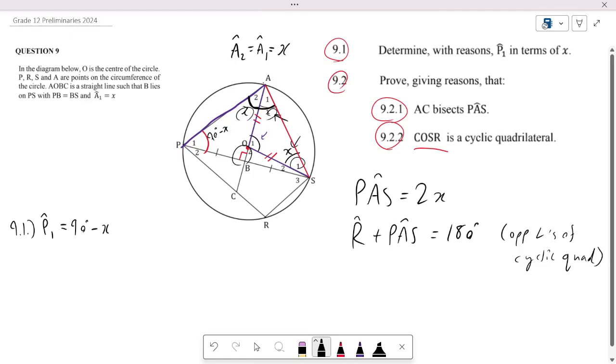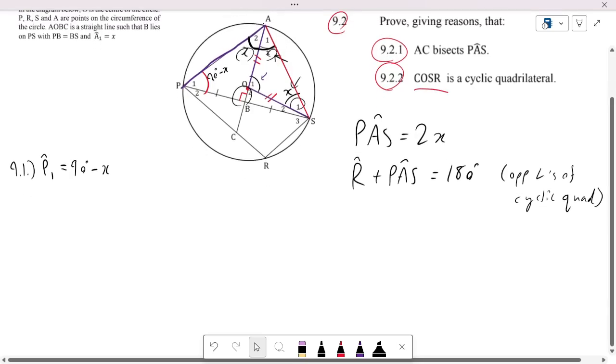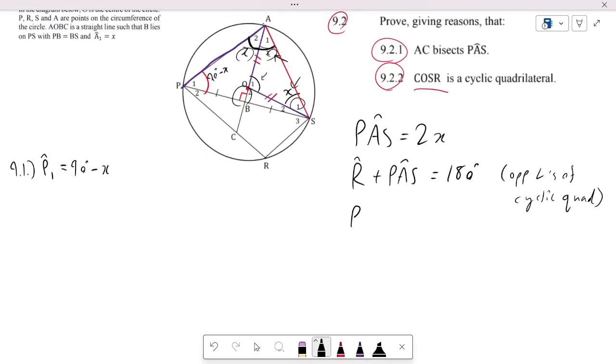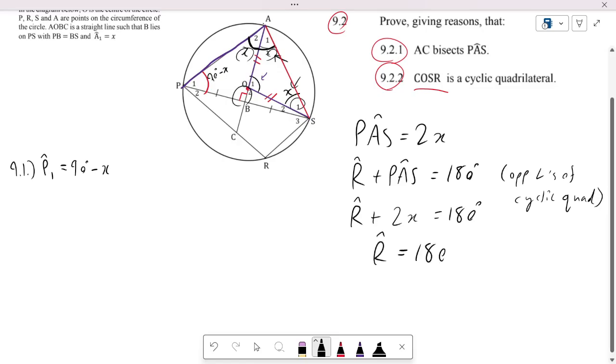Okay, that's our reason. And we just need to substitute our variables in. Angle R plus angle PAS, which is 2x, equals 180 degrees, right? And here we can say that angle R is therefore equal to 180 degrees minus 2x, because we're taking the 2x to the other side. Okay, so now there's our angle R. Our angle R is 180 degrees minus 2x.